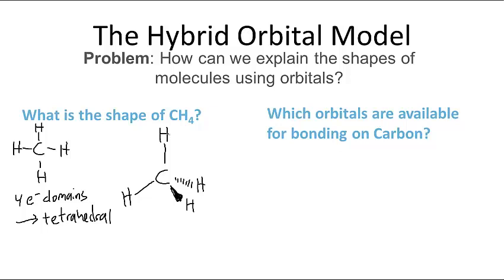Now the problem is, if I'm trying to create a tetrahedral molecule like CH4, and I think about the valence orbitals, which are the orbitals involved in bonding, it'll be whichever ones are in the valence energy level. For carbon, the valence energy level is energy level 2. So in energy level 2, I have the 2s orbital, which looks like this.